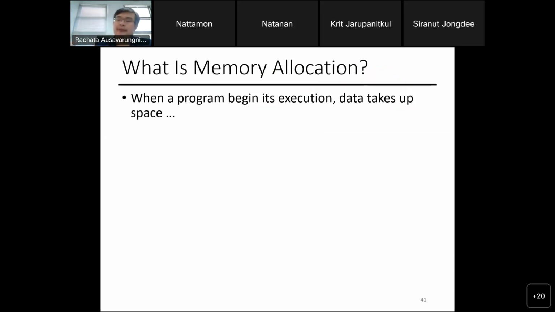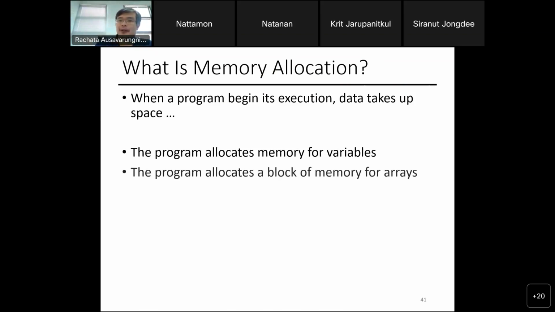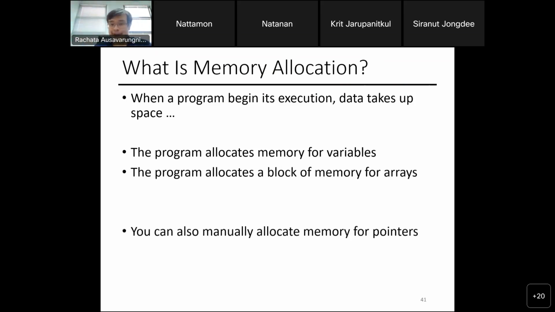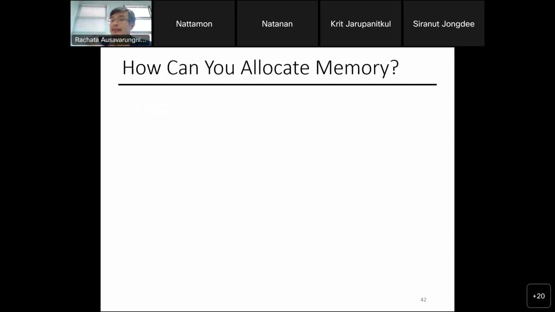When you have the DRAM and you need space for your data, the program allocates the memory for the variables that you use in the program. It would also allocate a block of memory for your array. But with the concept of the pointer, you can also manually allocate the memory for your pointer. And there's a function call for that in C. So how can you allocate the memory?